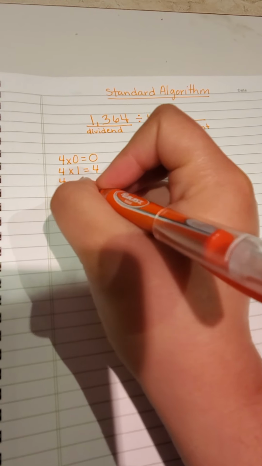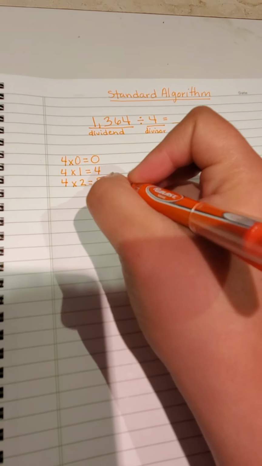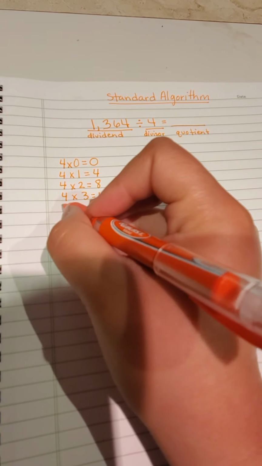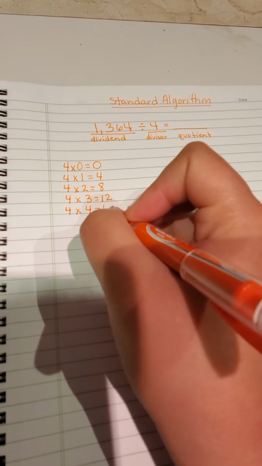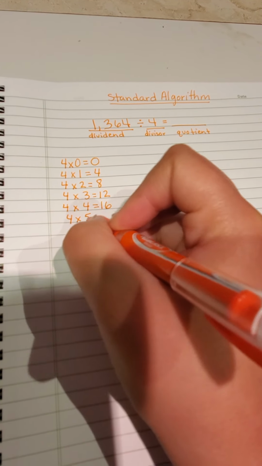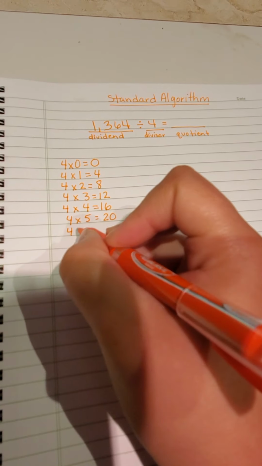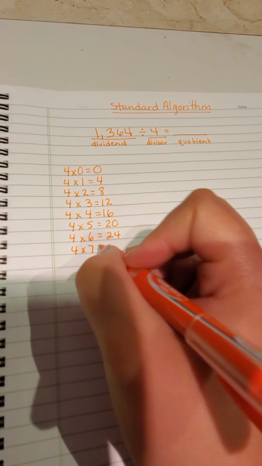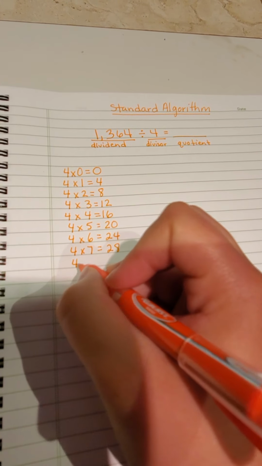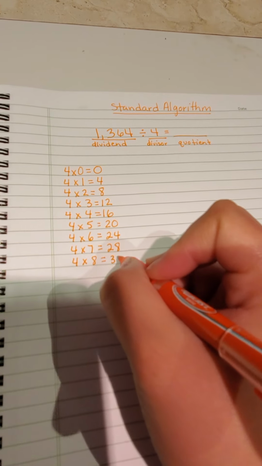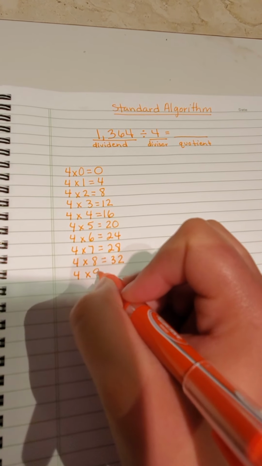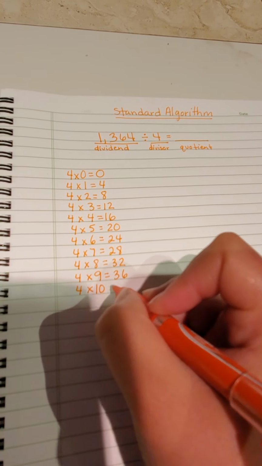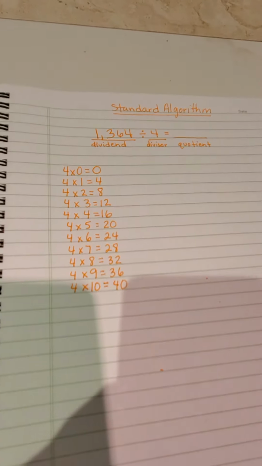And I just want to keep on going until I get to times 10. So I got to 4 times 10 equals 40. So I'm going to stop right there.